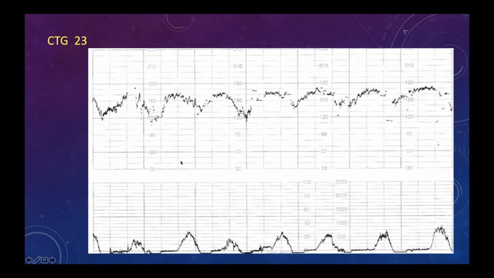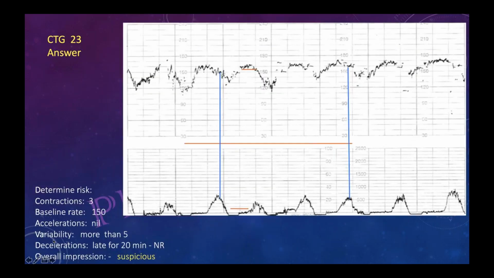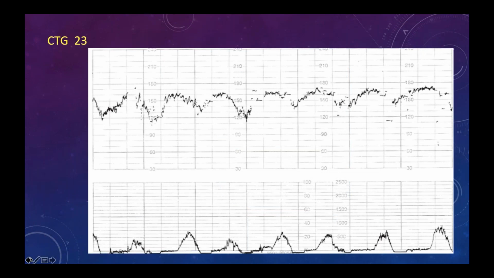This is an intrapartum CTG, and there is a contraction, about 4 in 10 minutes, and the baseline heart rate here is 160 beats per minute, and variability is more than 5 beats per minute, and there are late decelerations. There are late decelerations in less than 50% of contractions.